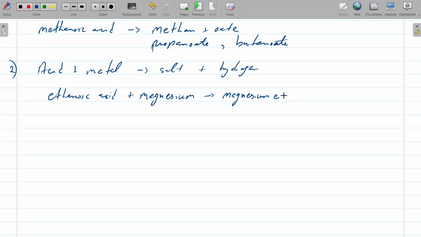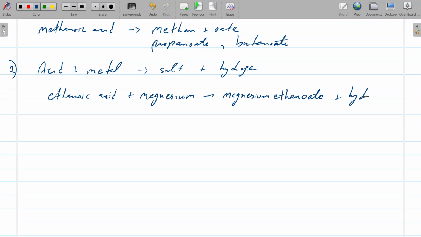Magnesium ethanoate. Right? These guys aren't eating, no "ate". They're not very fond of eating. So methanoate and propanoate, none of these guys are eating.